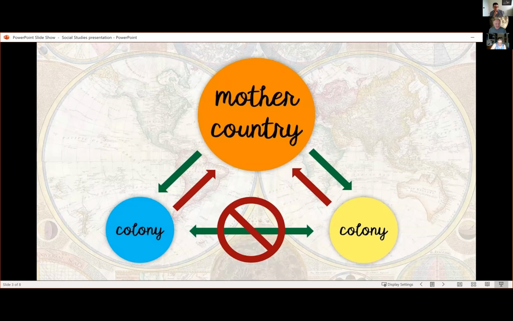So when we talk about mercantilism, this is an image that I would share with them and say, okay, what does this image mean to you before we get started on anything? They've got a little bit of background on the history of Canada, where North America began with the European movement into North America. And usually kids begin to get the idea of what the arrows mean. So I haven't done any instruction.